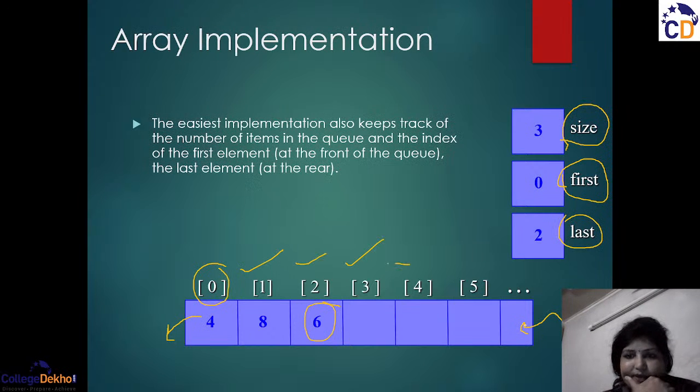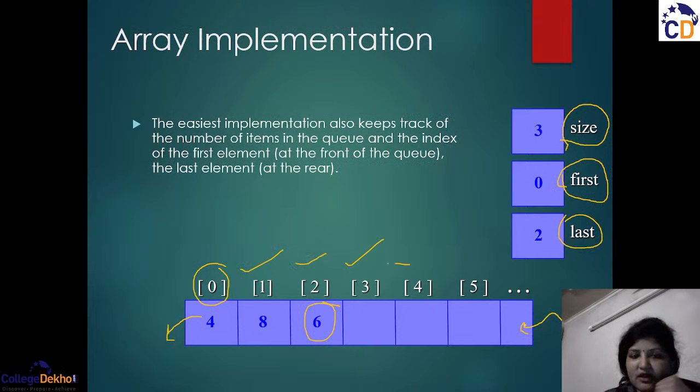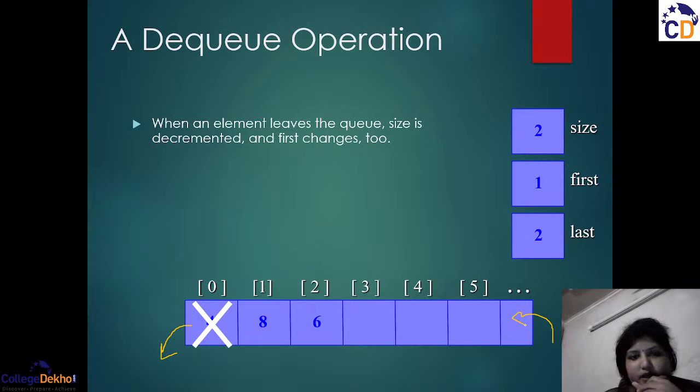If we DQ, or pop one element, the size becomes 2. And the first element would now be a1, if your array name is a, and the last element would be a2. Earlier it was 0 and 2. If we perform the DQ operation, we need to change the counters also.